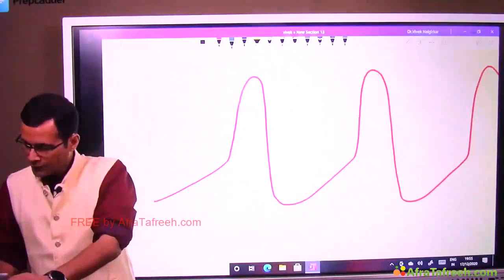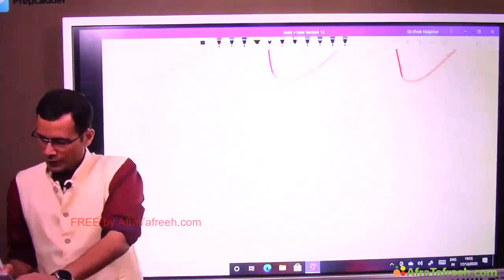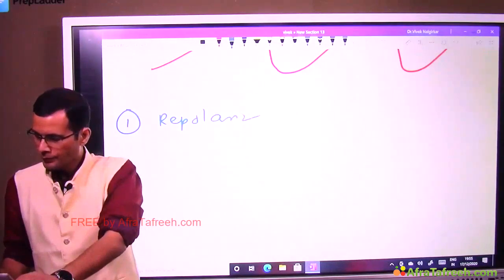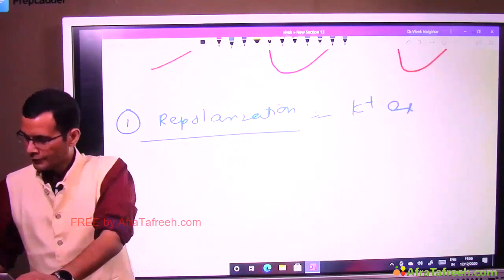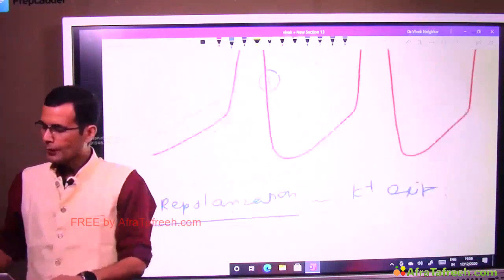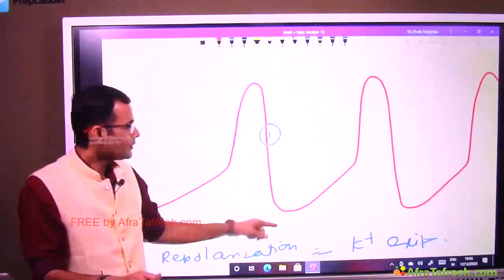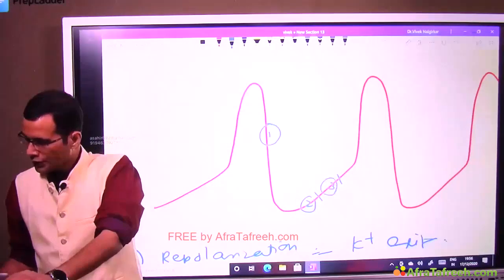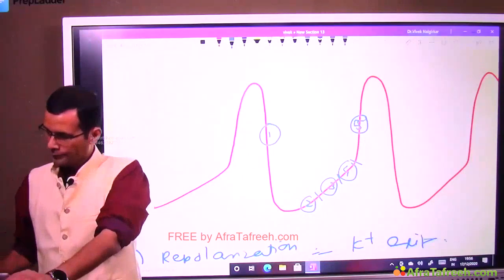I am starting from this phase, repolarization, that's caused by potassium exit, potassium going out by concentration gradient. Then you can see here the next depolarization has started, so I'll give you the numbers as 2, 3 and 4, and then let's call this as 5.